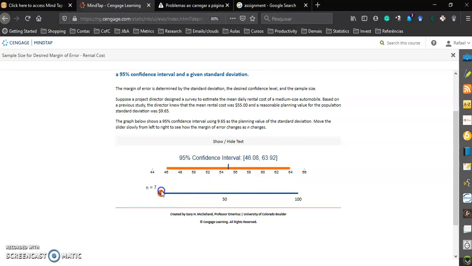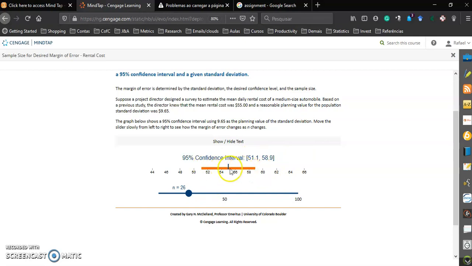If we increase the sample size, look what happens with the limits. They become narrower, so the interval becomes smaller. So it's much easier for a manager to make a decision with information about the mean rental cost for automobiles varying from 51 to 58.9.